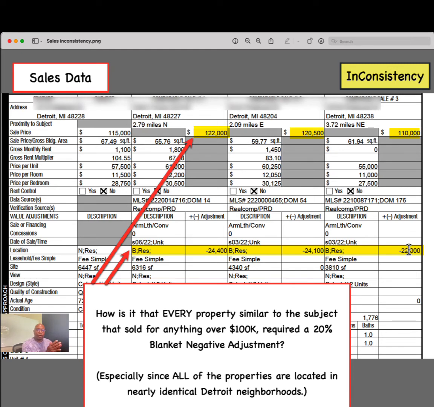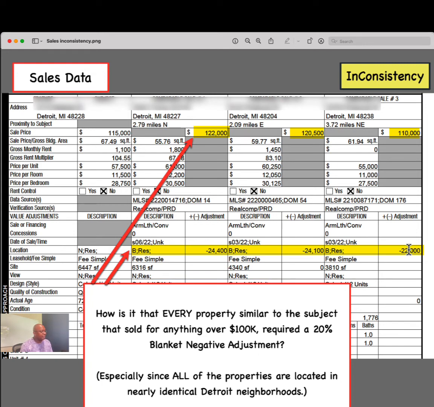Remember, it's all about consistency and the ability to consistently present your information, and it's got to be supported by data. It has to be supported by data. So my question is this: what data did this appraiser use to justify a 20% reduction in sales prices for properties that are located in various neighborhoods?